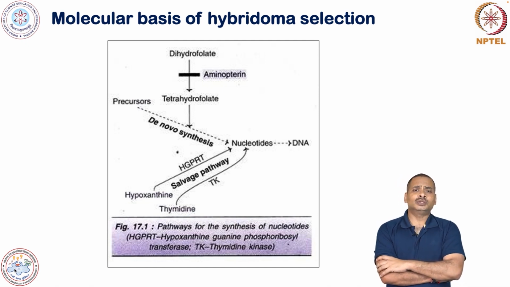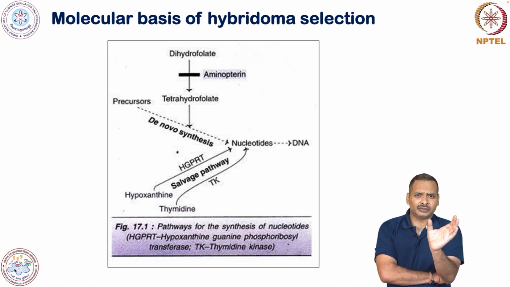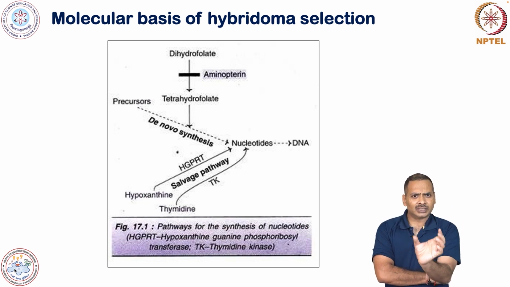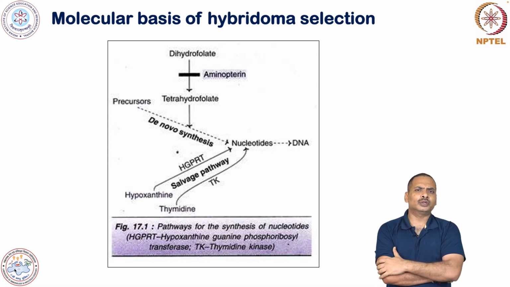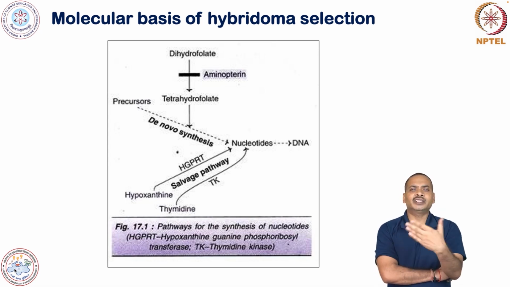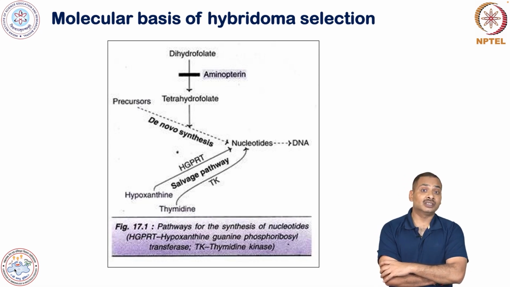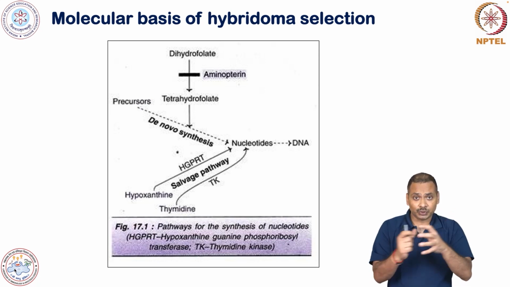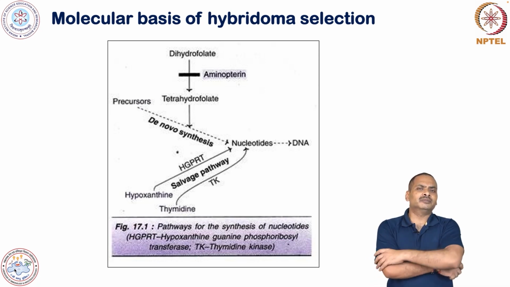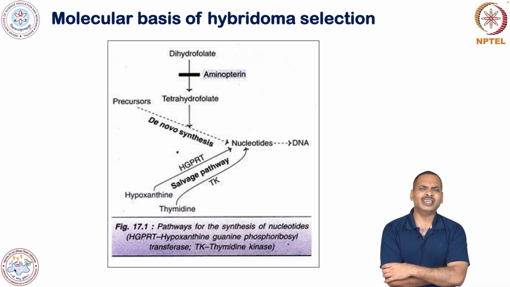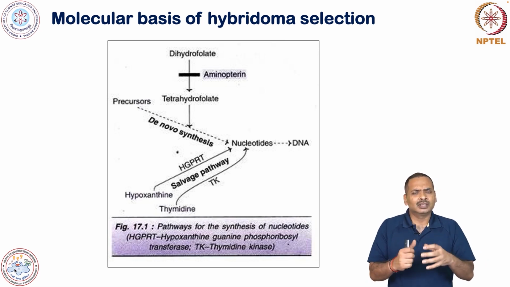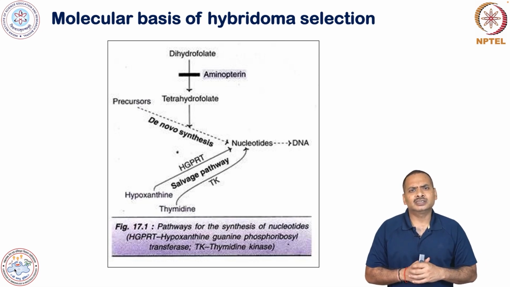So what we do, we want all those cells which are fused with these spleen cells. Just for your information, we use various agents such as polyethylene glycol in order to fuse these two cells. Sometimes people use Sendai virus, which basically fuses these cells.